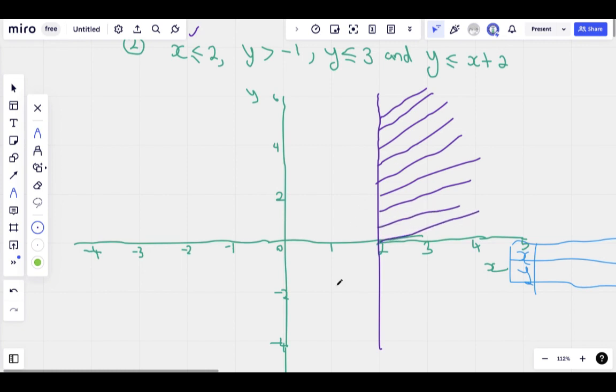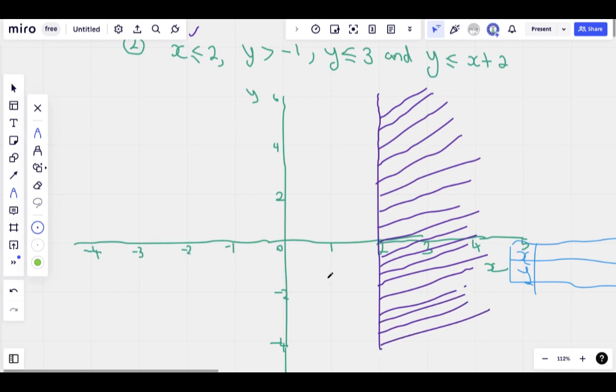But that does not mean you will not shade, because linear programming is about shading some regions and leaving some regions unshaded. We shade this side and leave the other side unshaded.